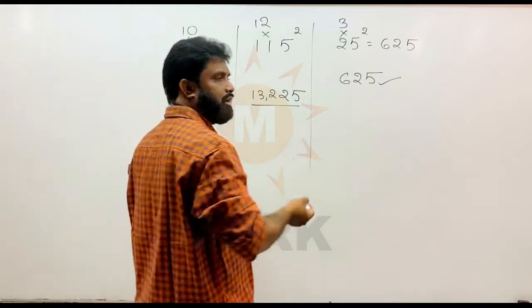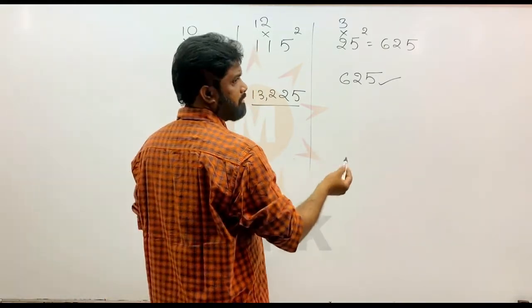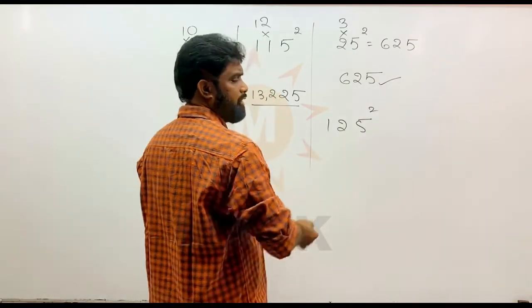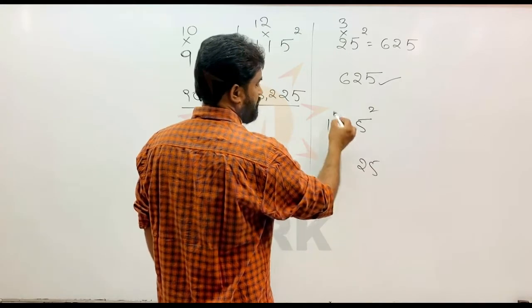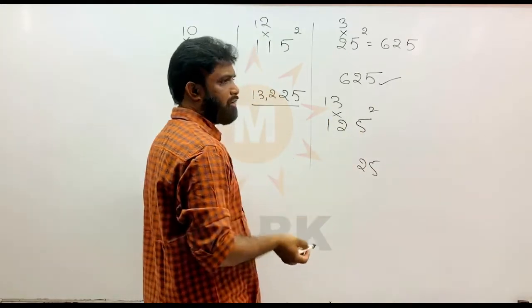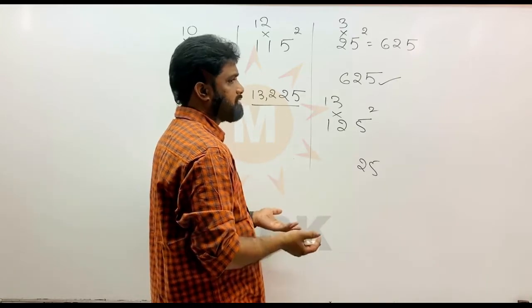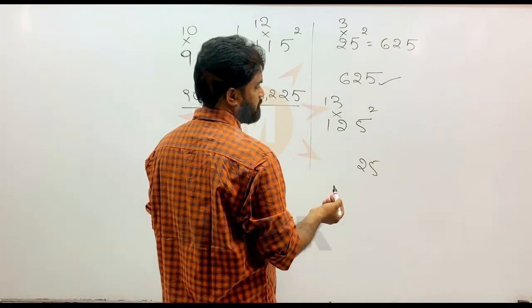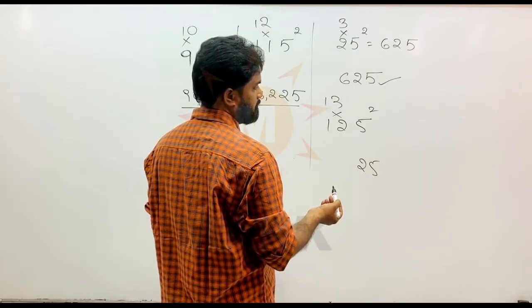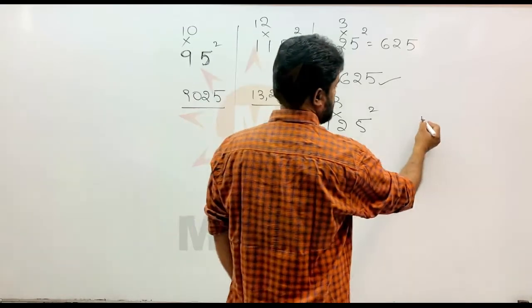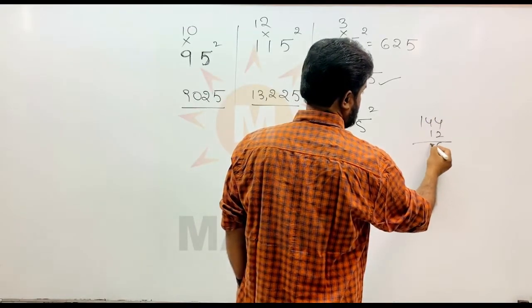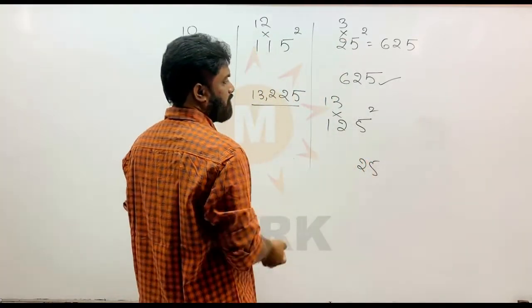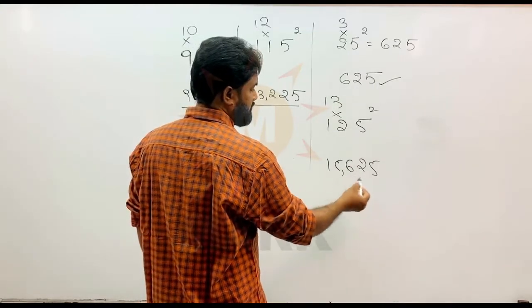Suppose anybody asks you higher order numbers also, no problem. If you want to find 125 whole square, just like that you can find it. 125, what is 5 square? 25. What is 12 into 13? 12 12s are 144, 144 plus 12, that is 156. So 12 into 13 makes 156.